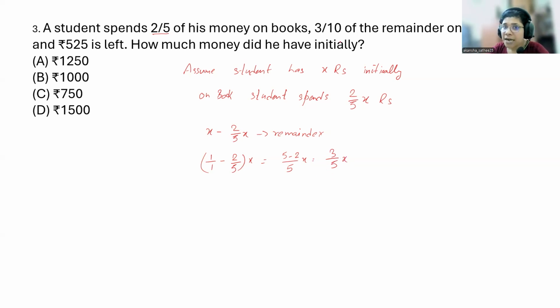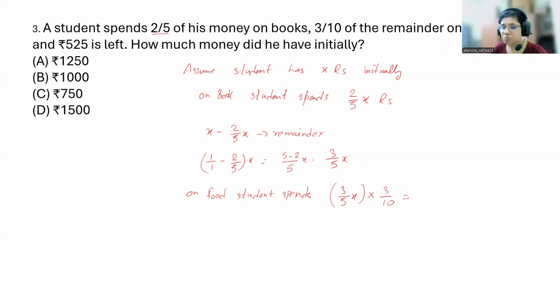Now 3 by 10 of the remainder on food. So on food, the student spent 3 by 5 X into 3 by 10.